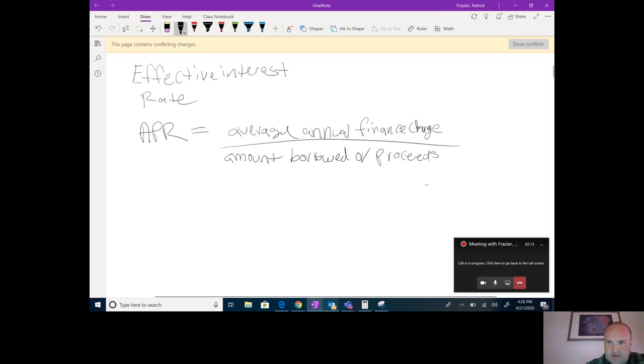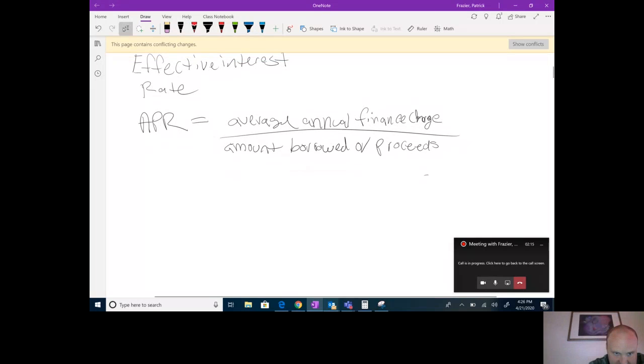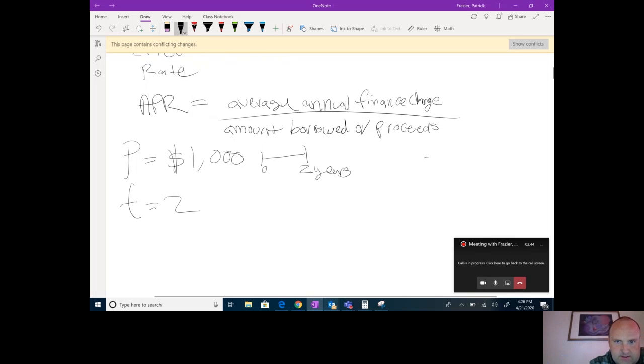Okay, so keeping that idea in mind, let's say you're borrowing $1,000, so principal would be equal to $1,000, and the time period is over 2 years. So you could say that T is equal to 2.